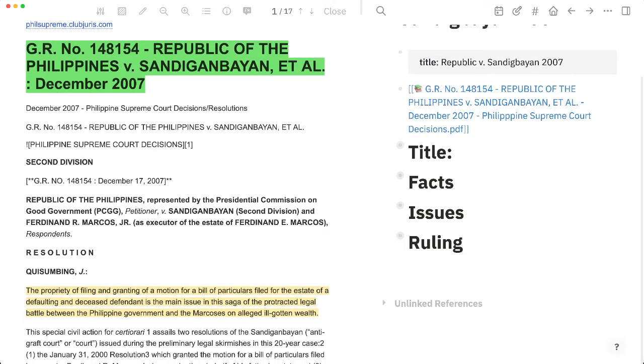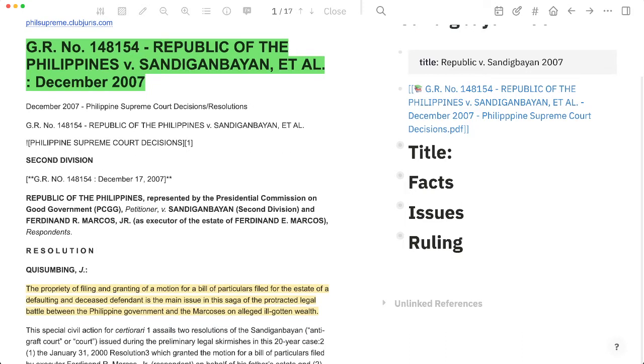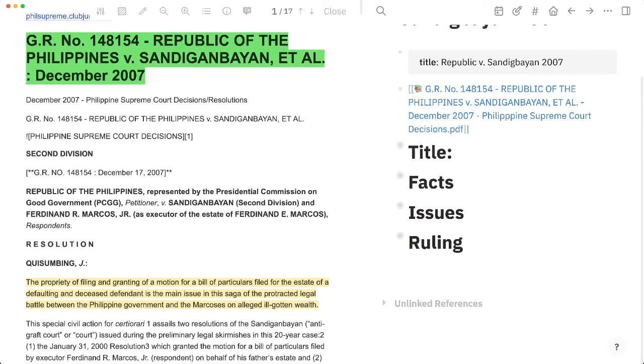The respondent also includes Ferdinand R. Marcos Jr., who is the executor of the estate of the late President Ferdinand E. Marcos. And the petitioner is the Republic of the Philippines, represented by the PCGG. That was before, ngayon wala na. I think during those times lang naman yun, from what I understand. So right now, wala na ang PCGG.